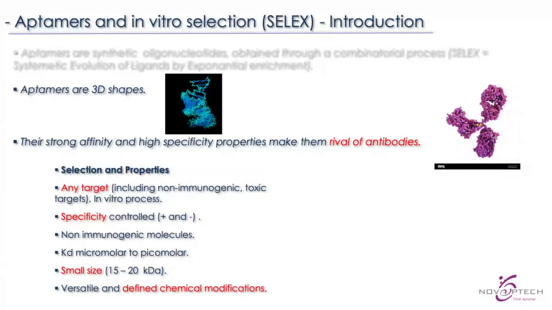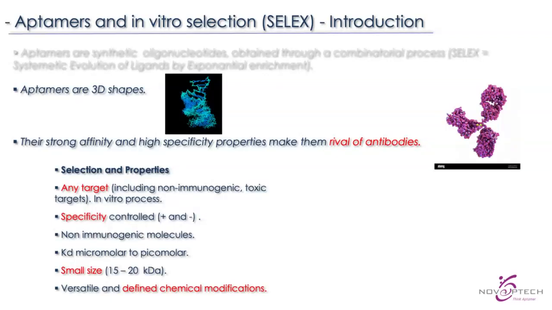Actually, aptamers are interesting ligands. They display binding properties equivalent to those displayed by antibodies with a number of advantages. So I will not detail all the advantages, but importantly enough, I would like to stress that these aptamers are obtained by an in vitro process.